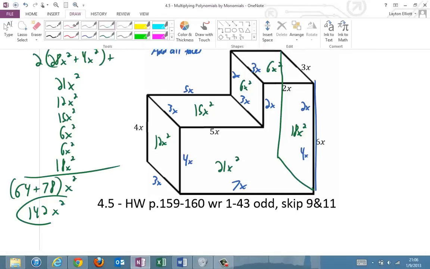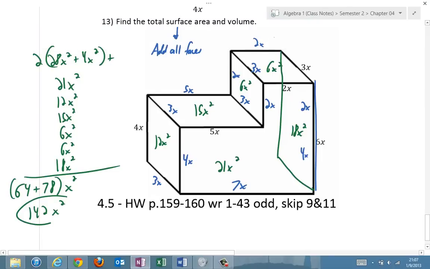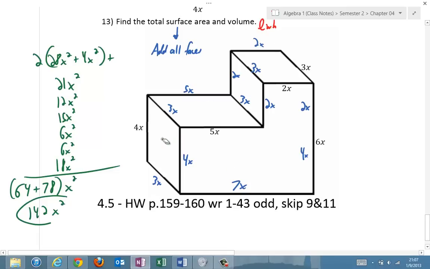Volume is defined as, let me switch to red here. Good. Volume is defined as length times width times height. And what I would do for volume with this, and you have to think in 3 dimensions here, I'm going to erase all the green marks because those were area markers.